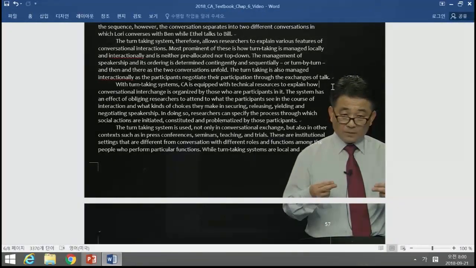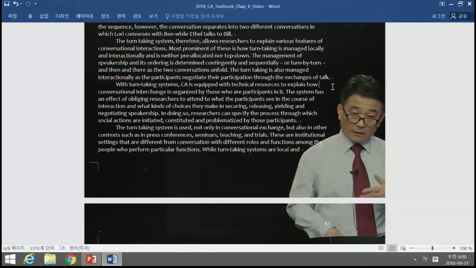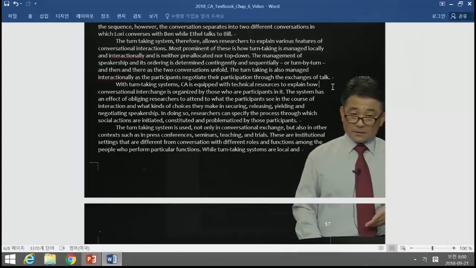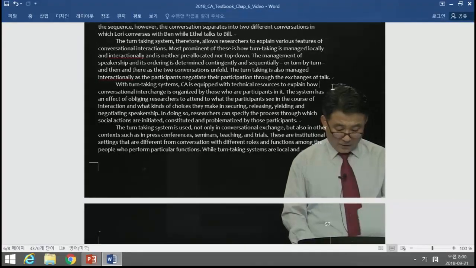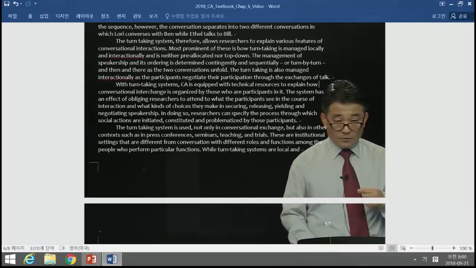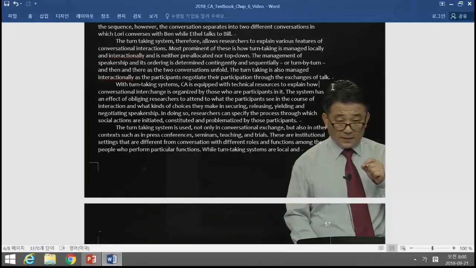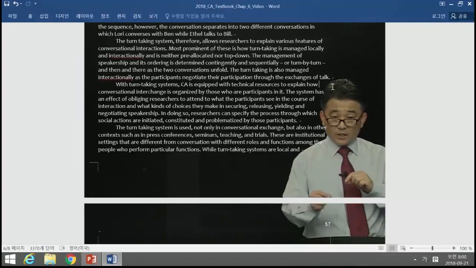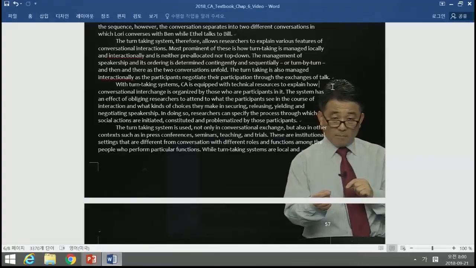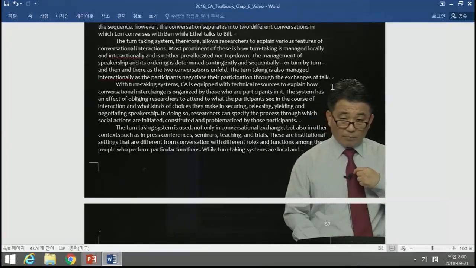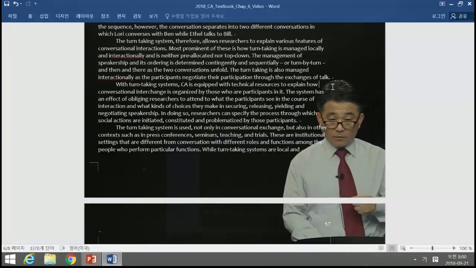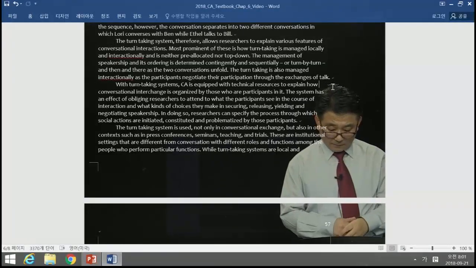But if two people insist on talking and keep interacting with each other, then you can project some problems in the conversation. Okay? So the turn-taking system allows us to get into very specific details in which people negotiate their speakership. Maybe they found some problems, they have some conflicts, and how they bring that conflict to a close in the course of interaction.